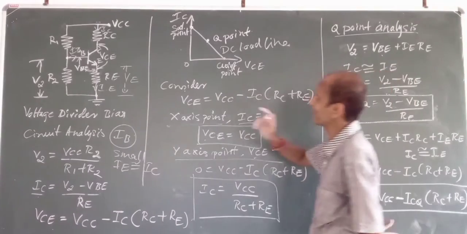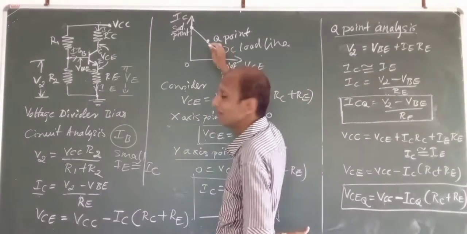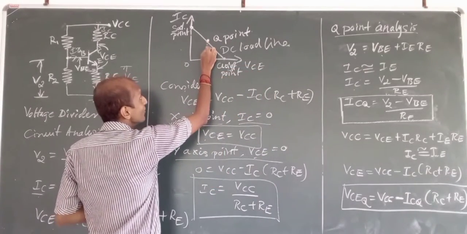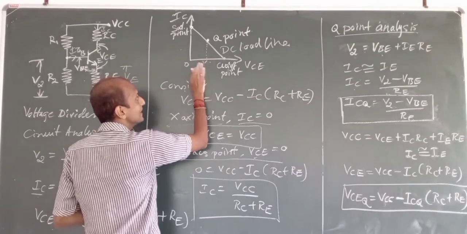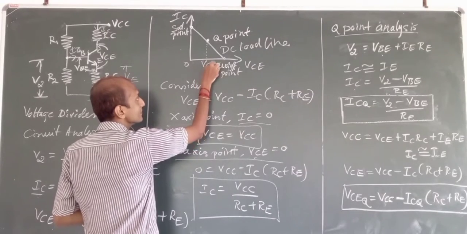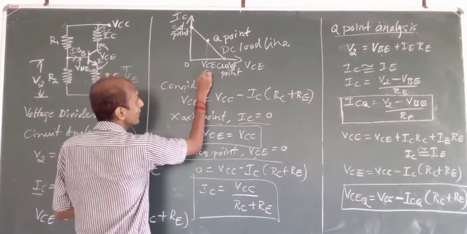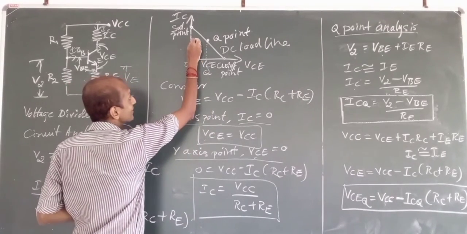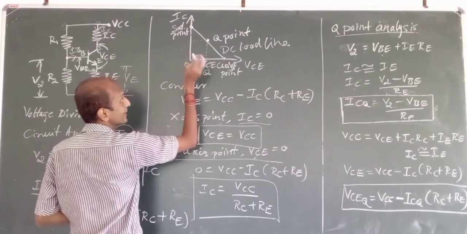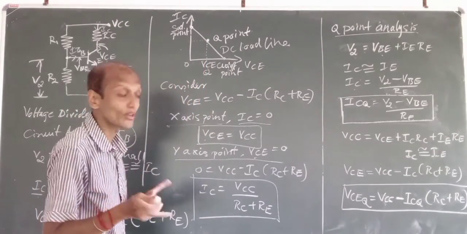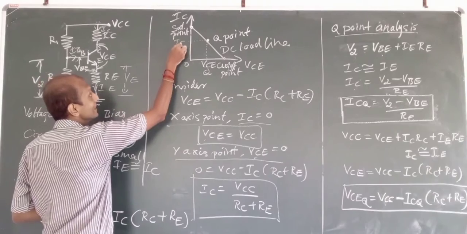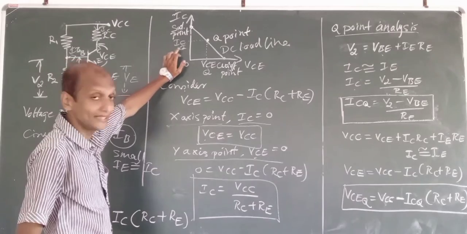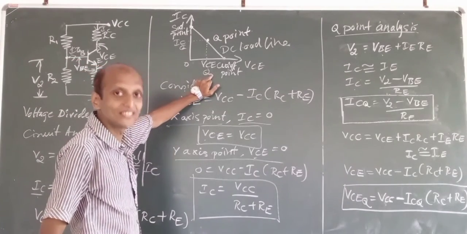So this is how I can go for the Q point analysis. For this, I should find the value of ICQ and I should find VCEQ. Is that okay?